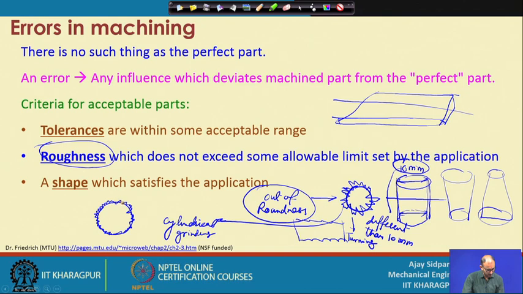So now you are reaching closer to the perfect circle, whatever we want to measure, this 10 millimeter diameter. In that case you actually say yes or no to the part selection, where there is a deviation in the shape.